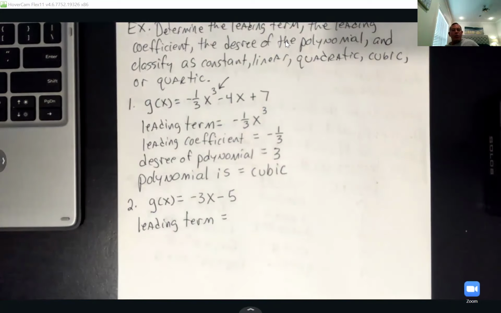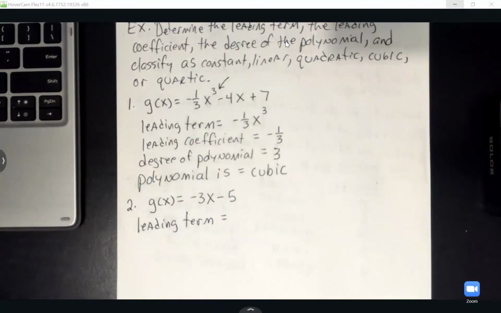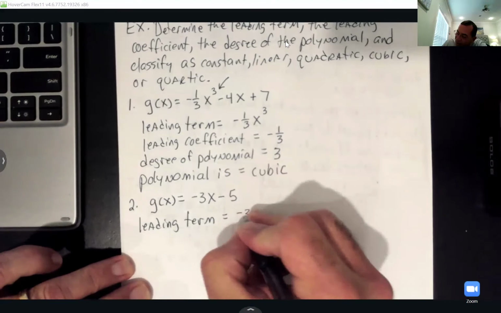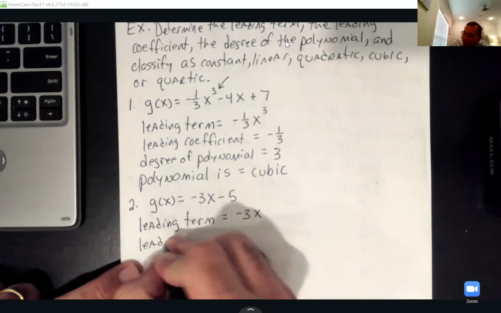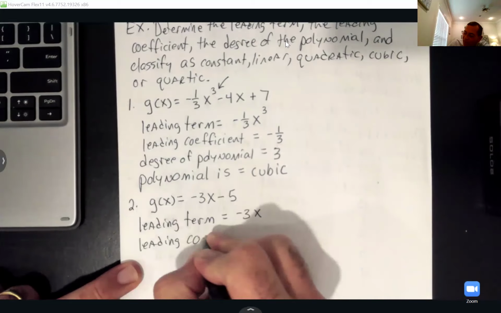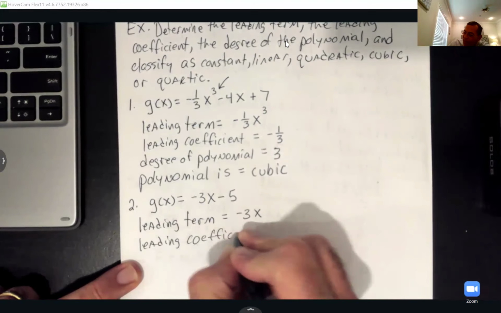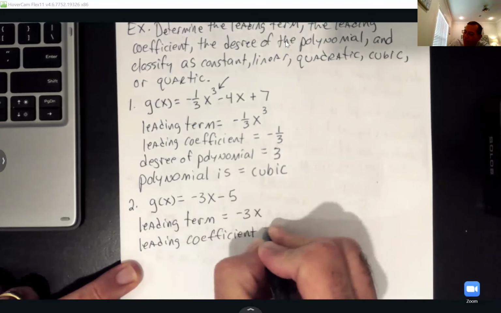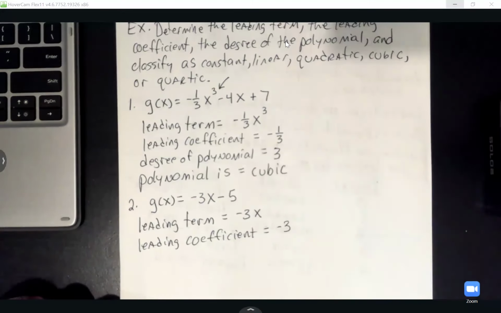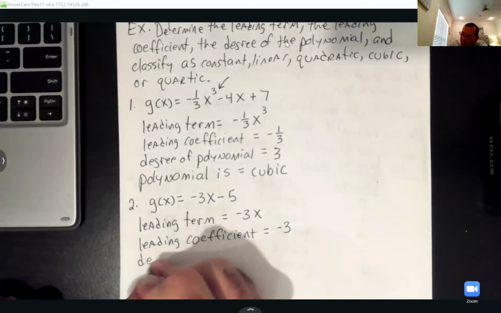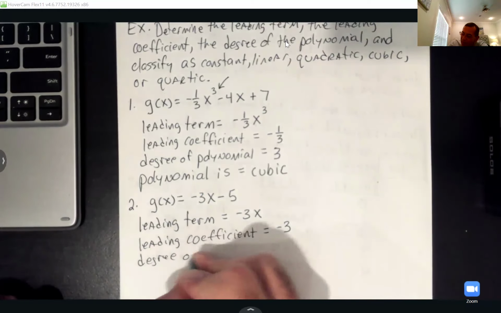Because this one's got two terms in it. So what is my leading term? Negative 3x. So how about my leading coefficient? Negative 3. All right, how about the degree of that polynomial?